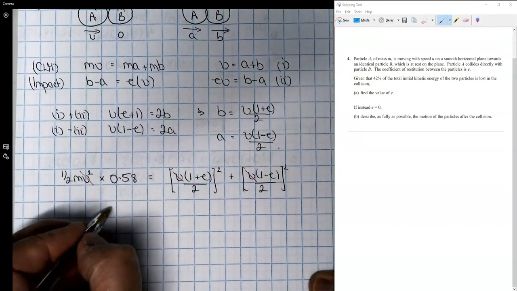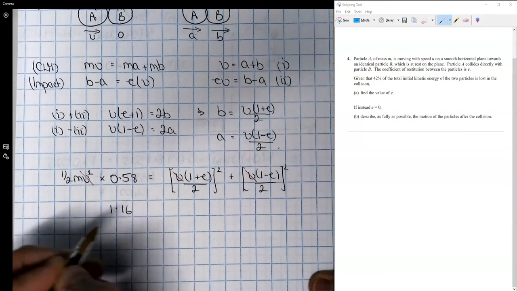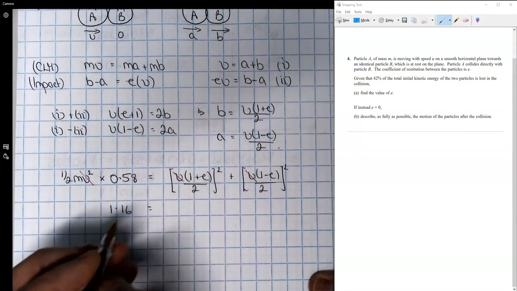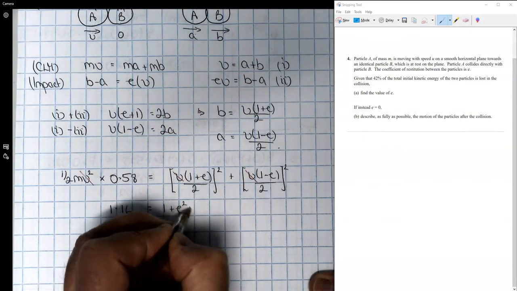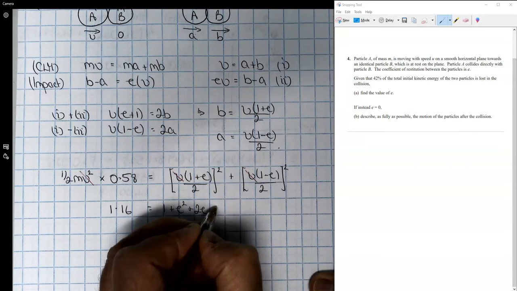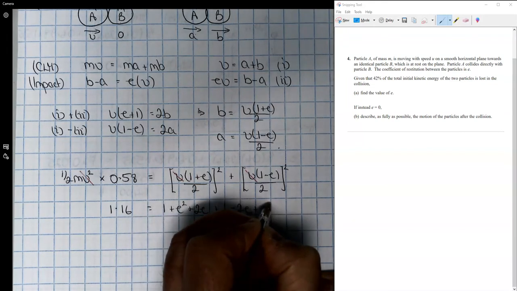Okay, so times it by 4, I get 1.16, I believe. And this squared is 1 plus e squared plus 2e, plus 1 minus 2e plus e squared.